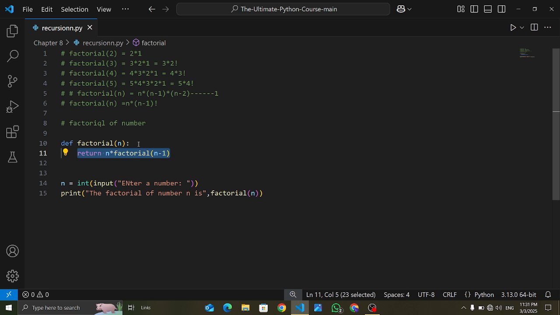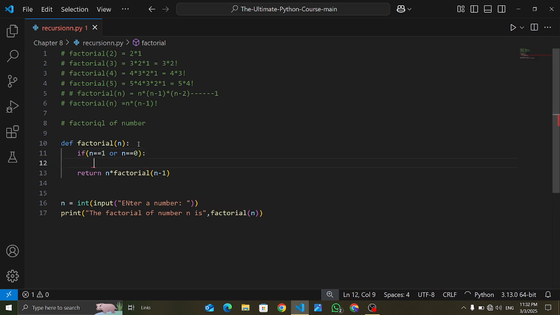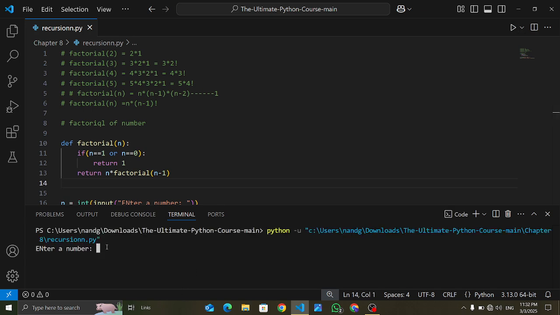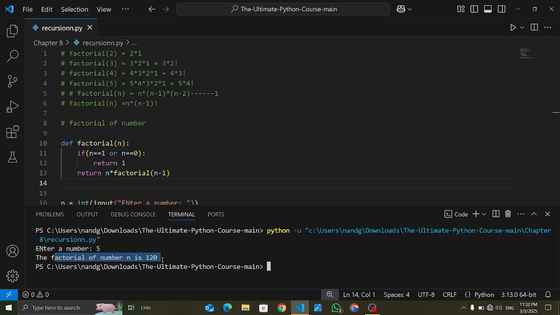So we must give it the base condition: if n is equal to 1 or n is equal to 0, then return 1. Now it's correct, and we can simply run it and find the factorial of 5, which is 120. So now you can see the factorial of number n is 120.